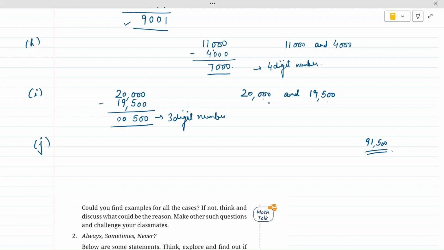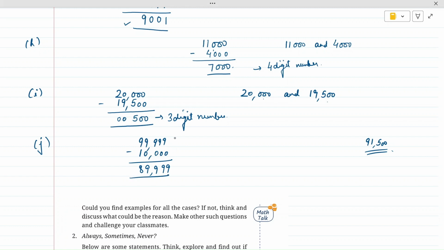So what we will do, we will take the highest 5-digit number and the lowest 5-digit number. Okay, so what we have done this, and now we are trying to solve this. This is 9, 9, 9, 9 and 8. So what does that mean?